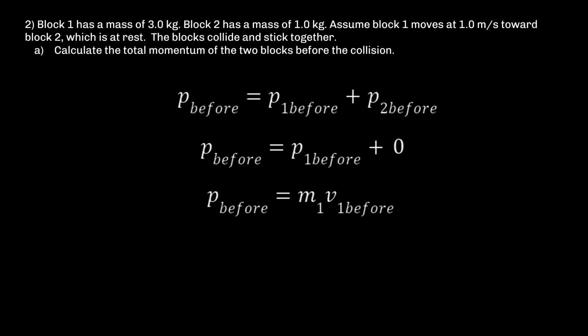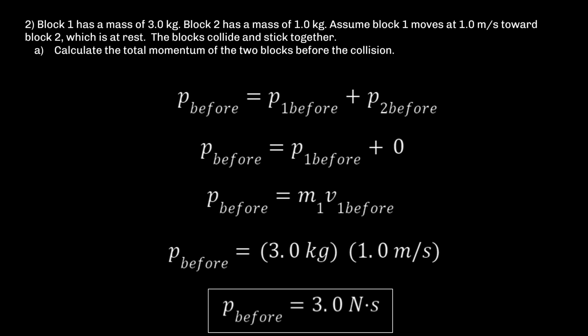We should have here 3 kilograms times 1 meter per second. Plugging that into your calculator, 3 times 1 is obviously going to be 3, having the proper units of newtons times seconds, or you can keep it as kilograms times meters per second, whichever one you prefer. That's going to be my answer, 3.0 newtons times seconds. So let's move into part B.